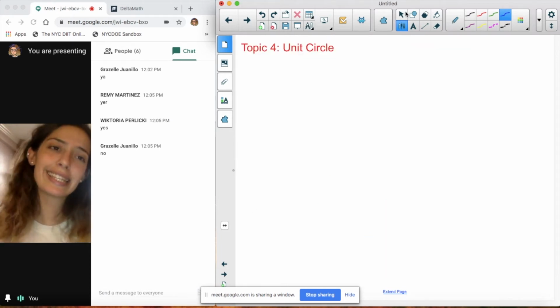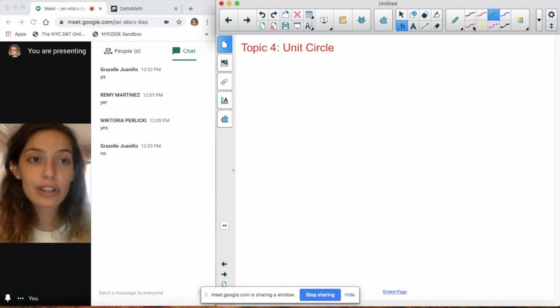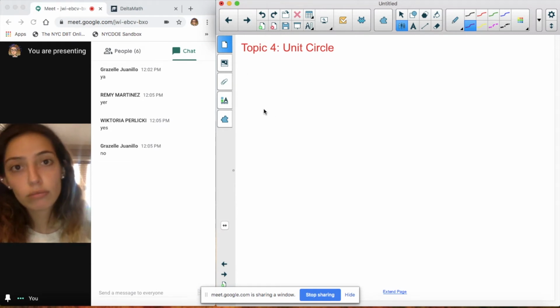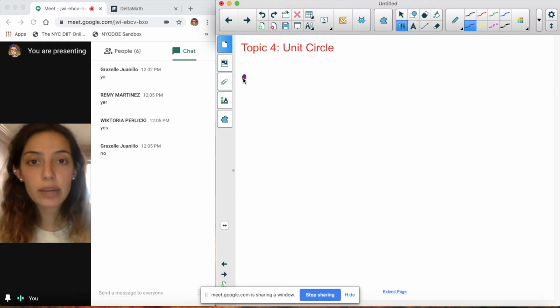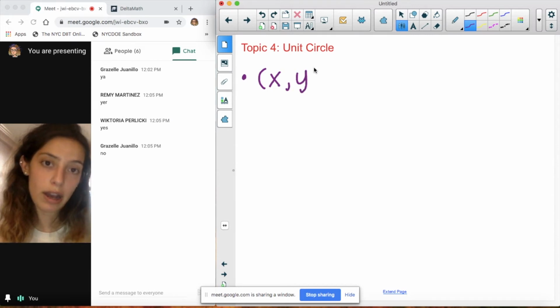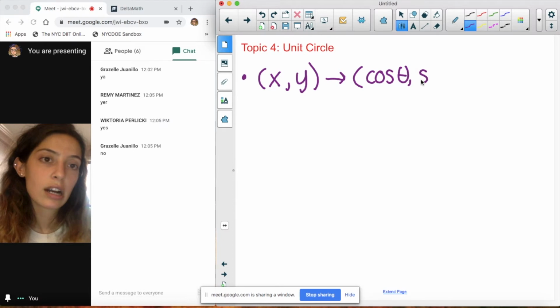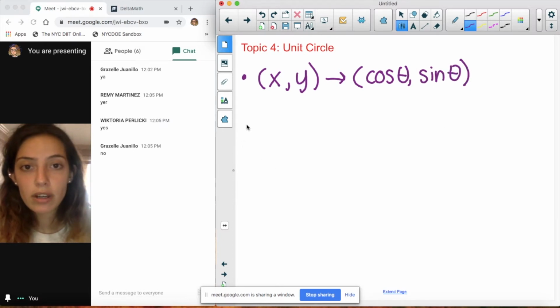Moving on to the next topic, which is the unit circle. So for the unit circle, it's practically exactly the same as the topic before. I do want to talk about one rule that you have in the unit circle. When you have x, comma, y, okay, on the unit circle, this is your cosine theta, comma, sine theta, okay?